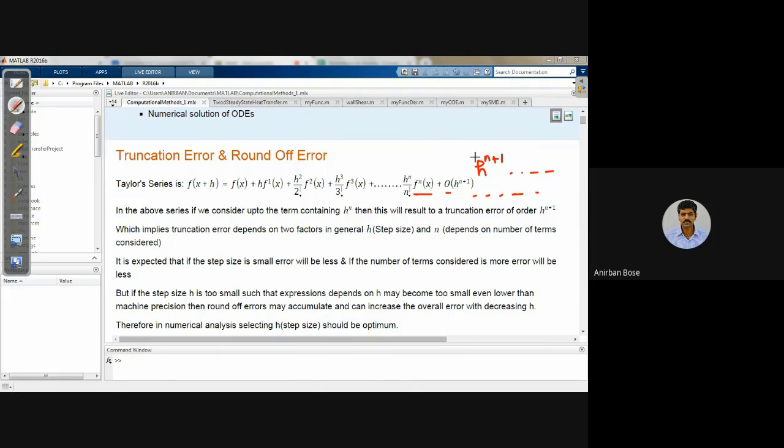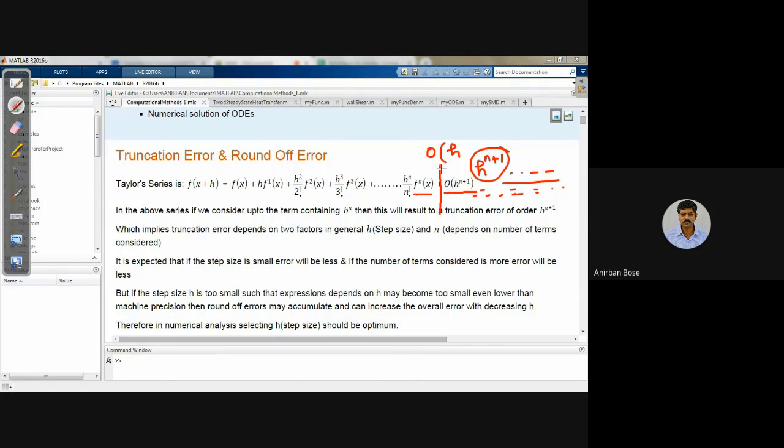So the leading order term of the remaining terms is h to the power n plus 1. What we have written over there is as if we have not written the other higher order terms, we have only written the order of the truncation error. That means from the whole Taylor series, we have truncated up to this part.